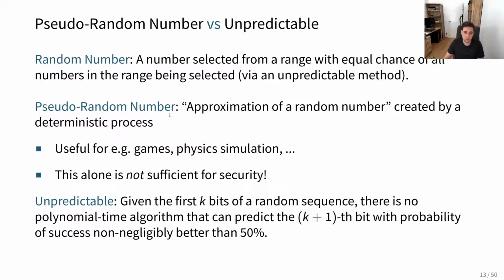And then, stronger, there's this notion of unpredictability, which this LFSR, due to the problem mentioned earlier, does not fulfill, because given some sequence, we can predict the next bit, hence it's not unpredictable.